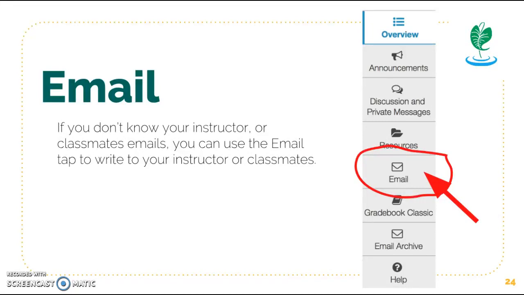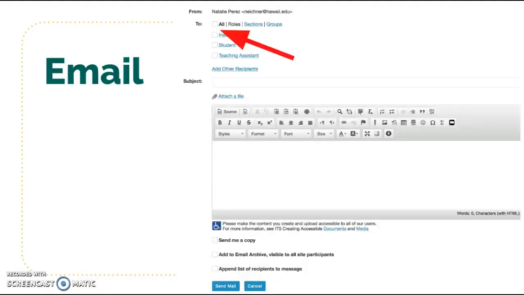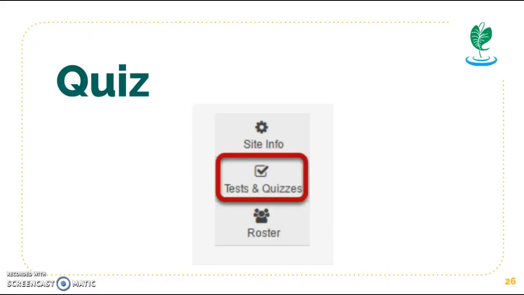The email tab is also very important, and if you don't know how to email your instructor or your classmates, you can email them by simply clicking on the email button. To first start an email, you would have to click on the roles of the students or your instructor.